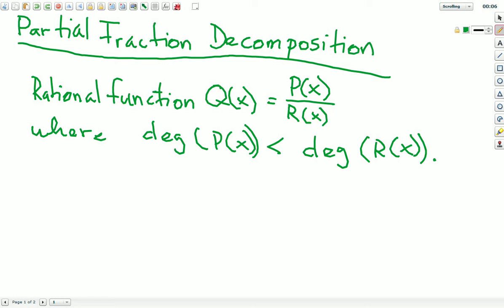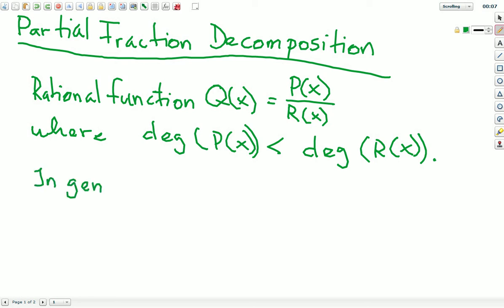then we want to talk about the factored form of r of x and talk about several different cases. Depending on the factored form of the denominator, we will have to discuss several different cases. Okay, so first of all, when r of x is factored, it can have basically linear factors and irreducible quadratic factors in general.